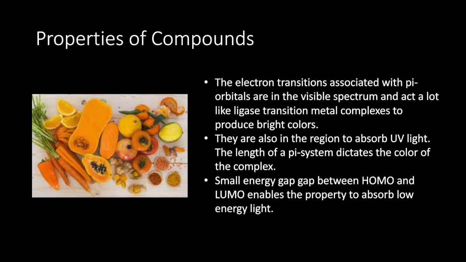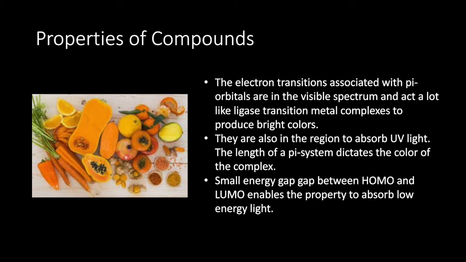Coincidentally for us, just like metal complexes have brilliant colors associated with d-to-d orbital transitions, those energetics are within the visible wavelength of the electromagnetic spectrum. That means if energy impinges upon a molecule, it will be sufficient to excite it into a higher energy state and absorb that photon.